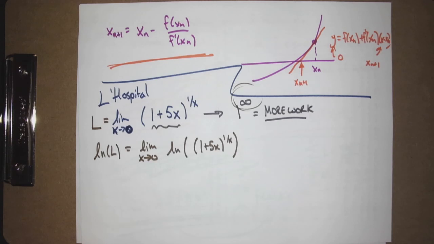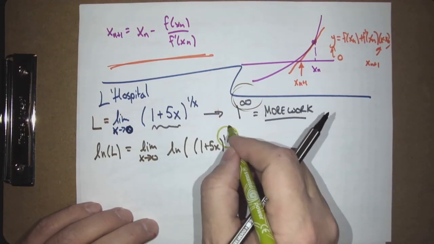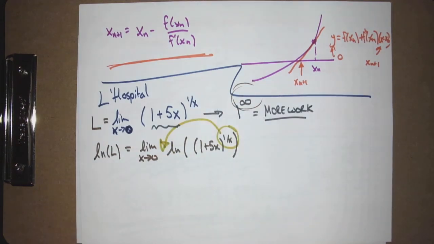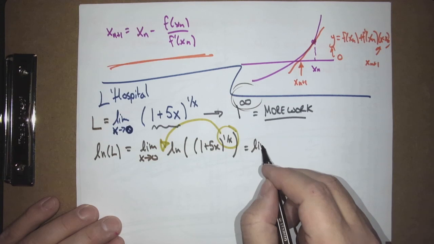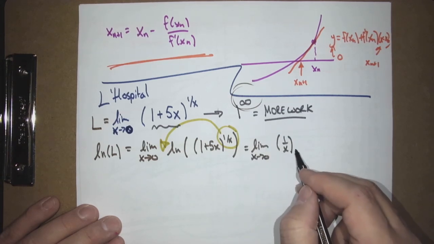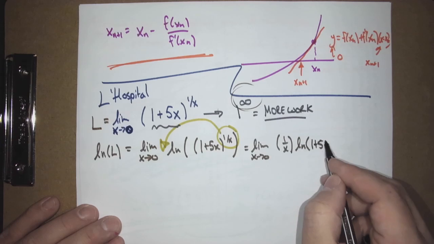And we're like, cool. Time for logs to shine. The 1 over x is coming down. So at this stage, we have the limit as x goes to 0 of 1 over x times log of 1 plus 5x.